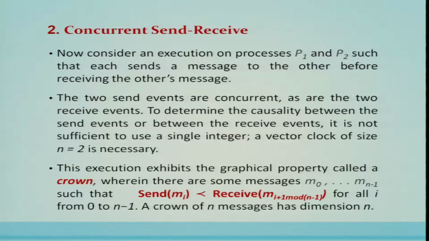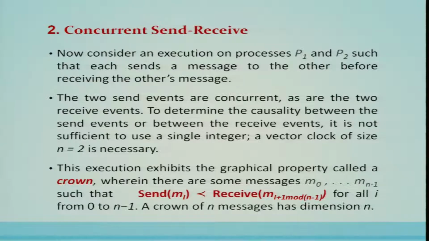Similarly, consider another application, concurrent send and receive. Consider an execution on processes P1 and P2 such that each sends a message to the other before receiving the other's message. So the two send events are concurrent, as are the two receive events.